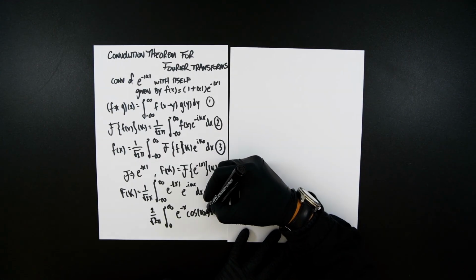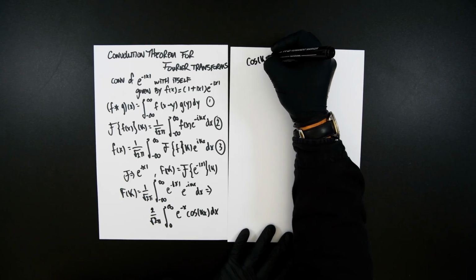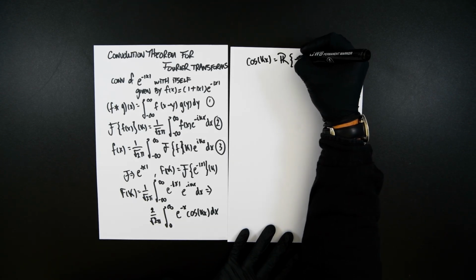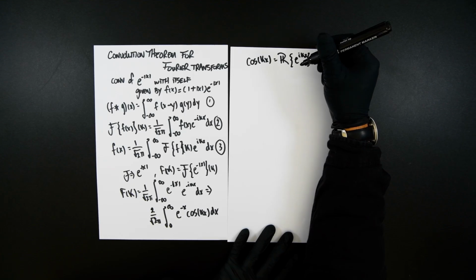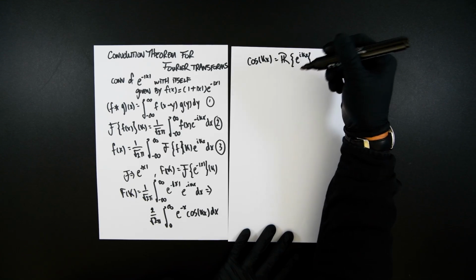So this cos kx, we know that cos kx is the real part of e to the ikx. So this is the exponential representation of the cosine.